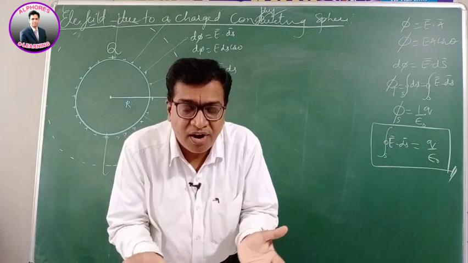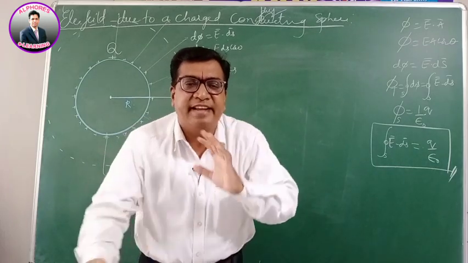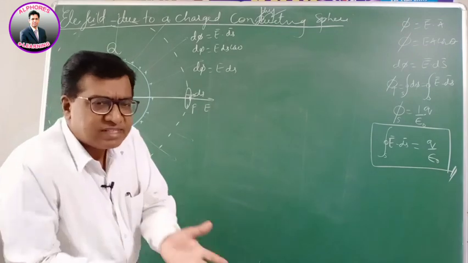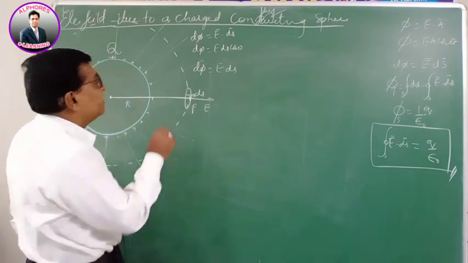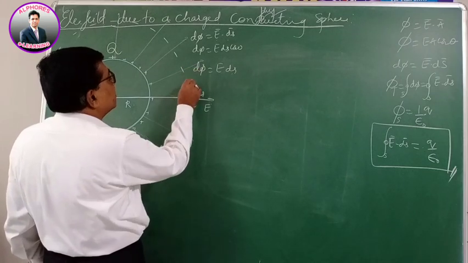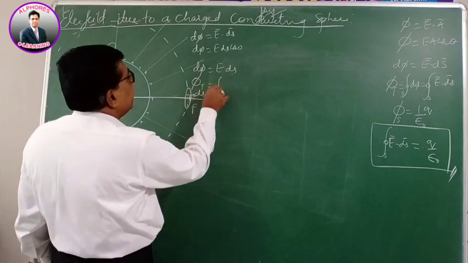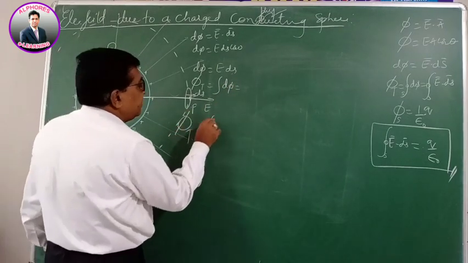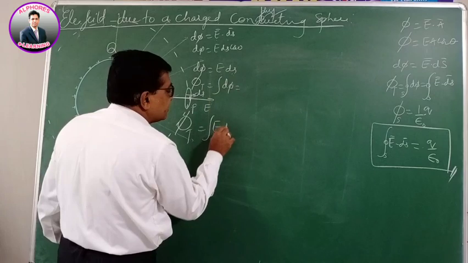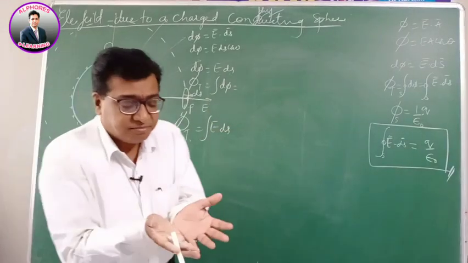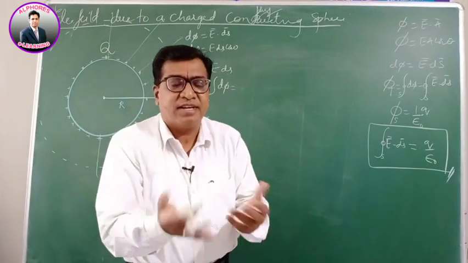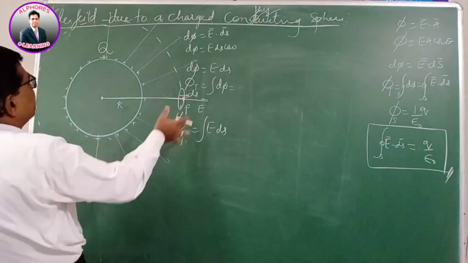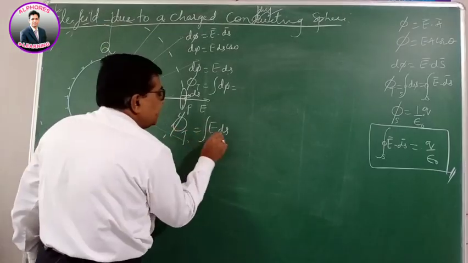If I consider all such patches together and integrate to find the total flux through the sphere, then the total flux phi is the integral of d phi, that is, the integral of E dS.